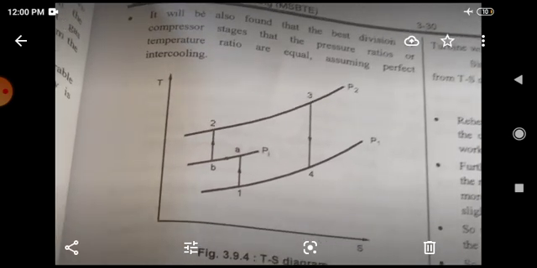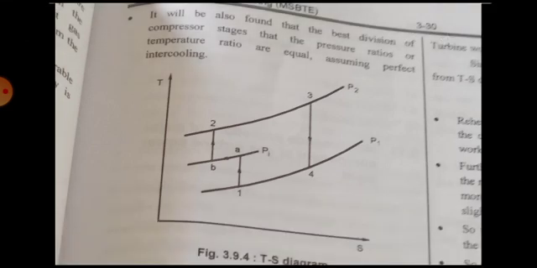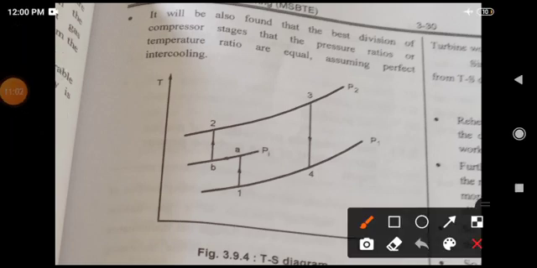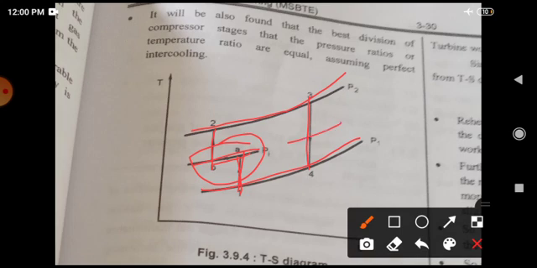Okay, pressure is increased to P1, then again the temperature is decreased, that means A to B is the intercooling process, then again it is raised to somewhat higher pressure, that is P2, then again it is expanded in the gas turbine and its pressure decreases.